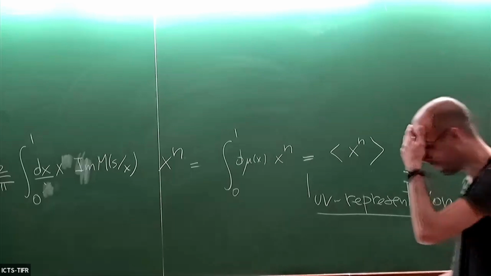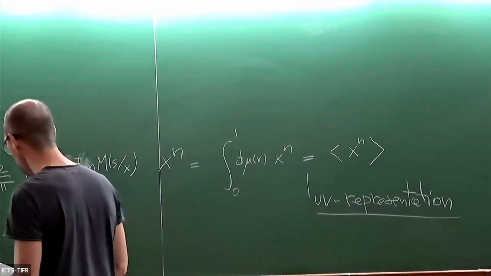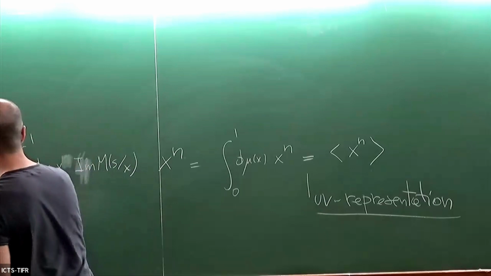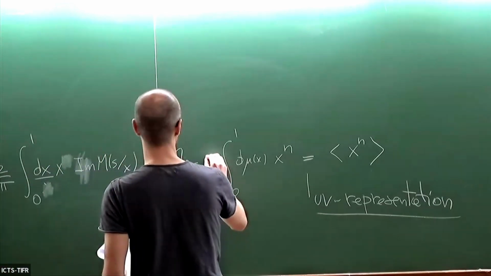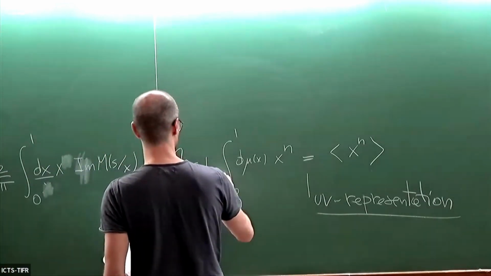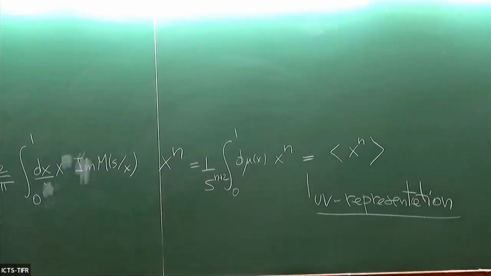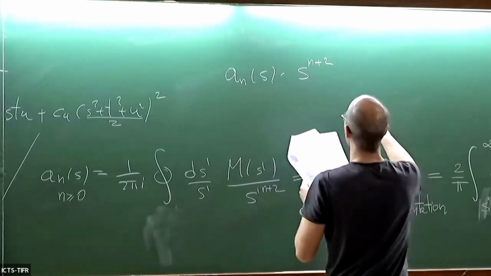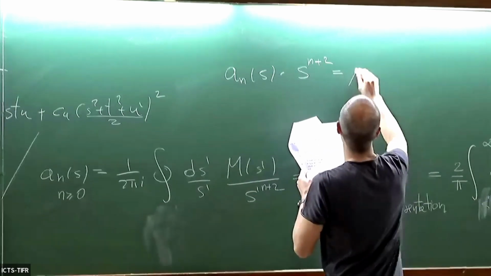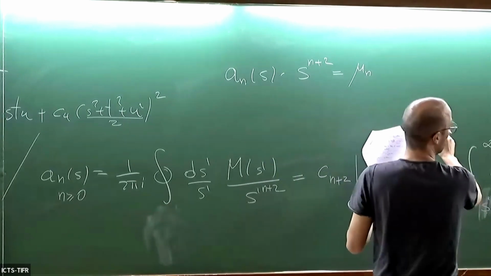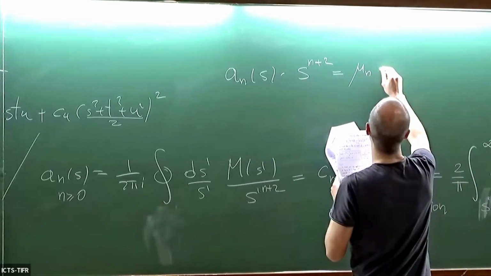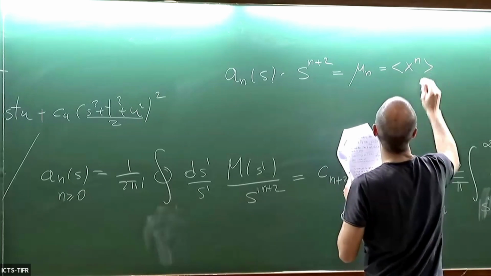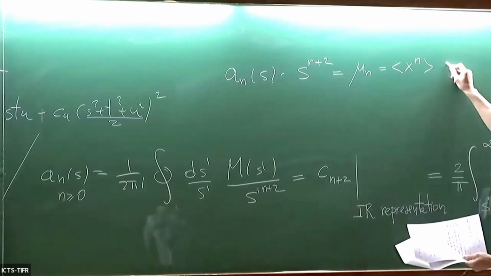So why is this useful? Up to a prefactor here which I want to keep around, I'm going to call it mu n, or x to the n, which is certainly positive because it's the integral of a positive distribution.